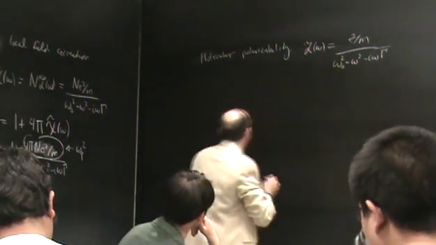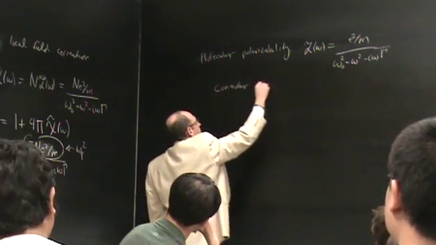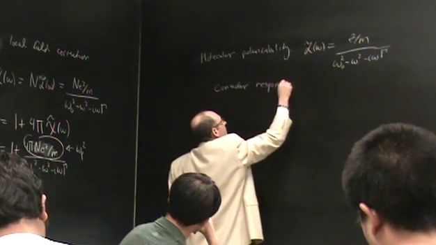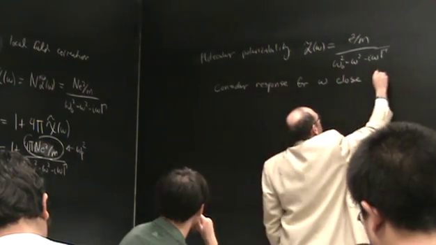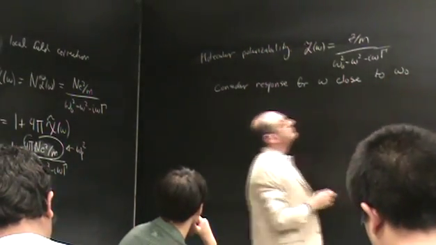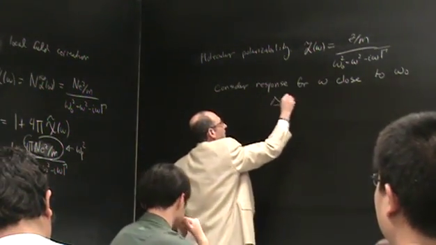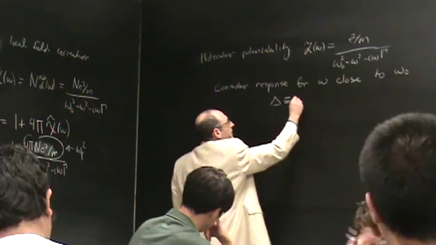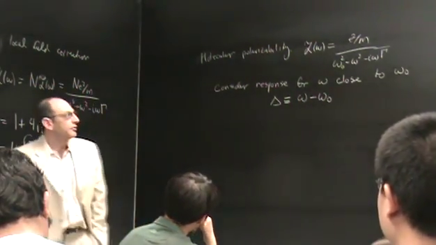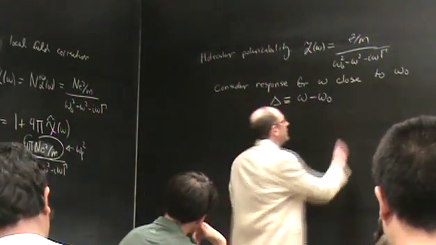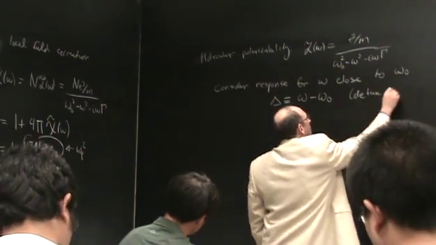Let's consider the response for omega close to omega naught. So let's define delta as the difference between the applied frequency and the resonance frequency. That's sometimes known as the detuning, how tuned away I am from resonance.